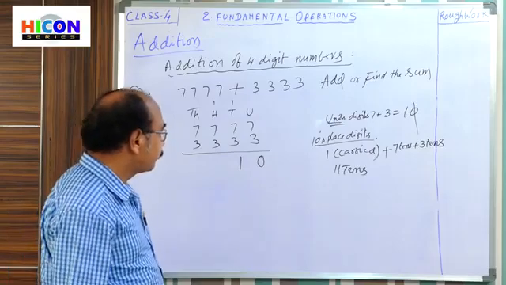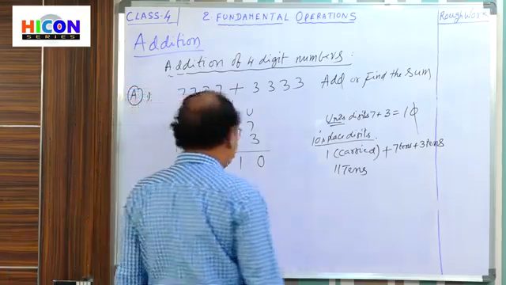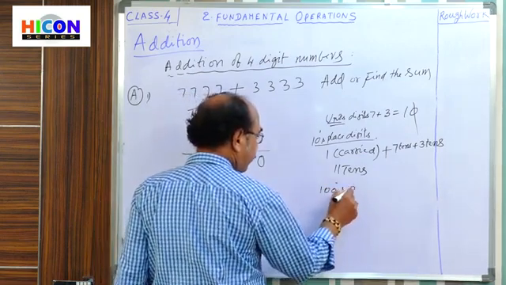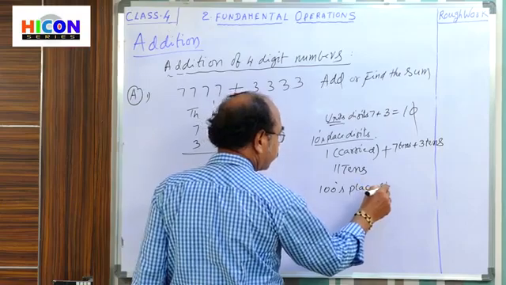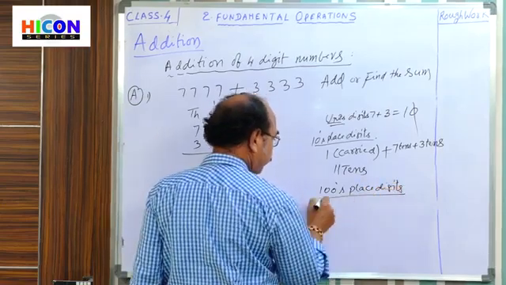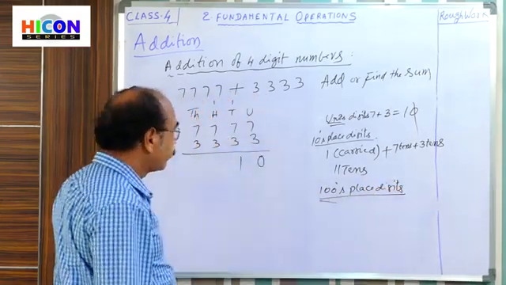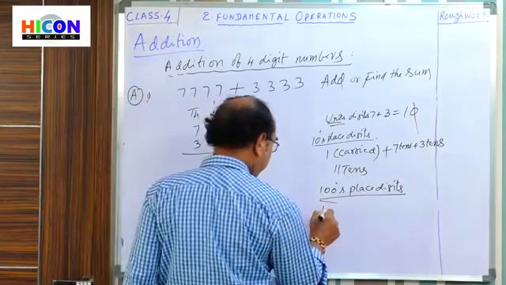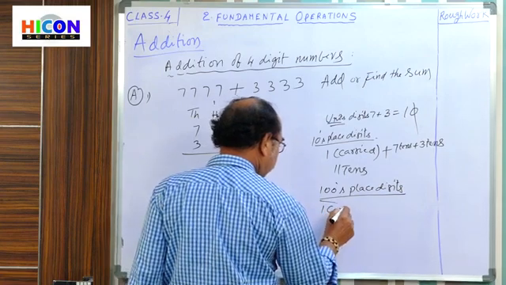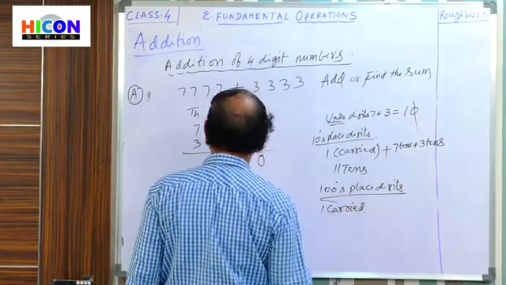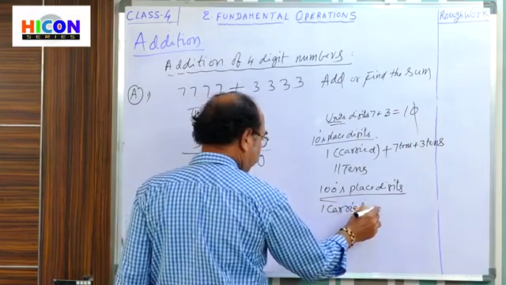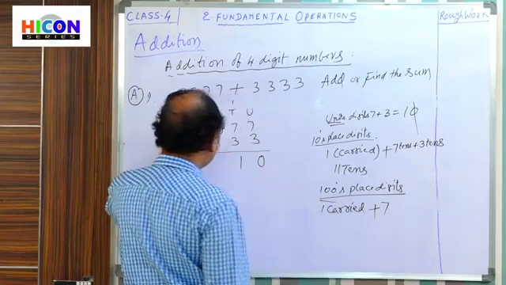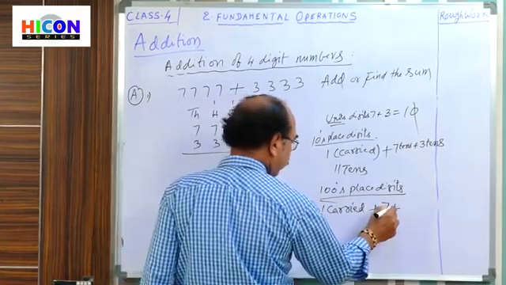Now come to hundreds place digits. Now 1 is the carried 100. Next 700s are there here, and next 300s are there.